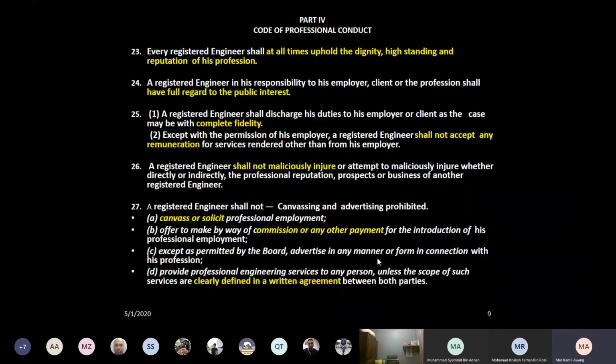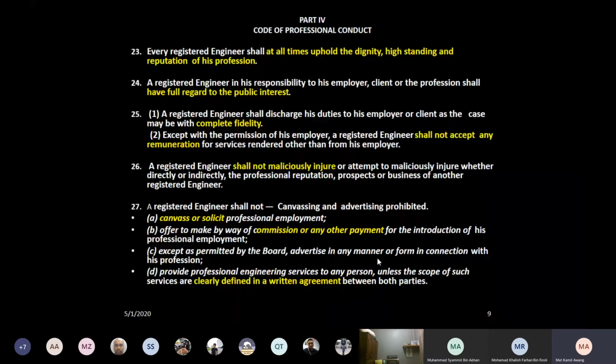26. A registered engineer shall not maliciously injure or attempt to maliciously injure, whether directly or indirectly, the professional reputation, prospect, or business of another registered engineer. So basically you cannot steal the job of other engineers, or try to jeopardize his reputation by talking bad about him.